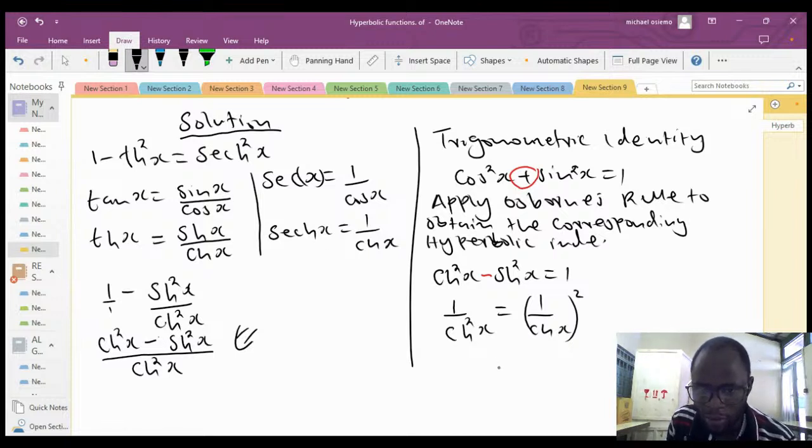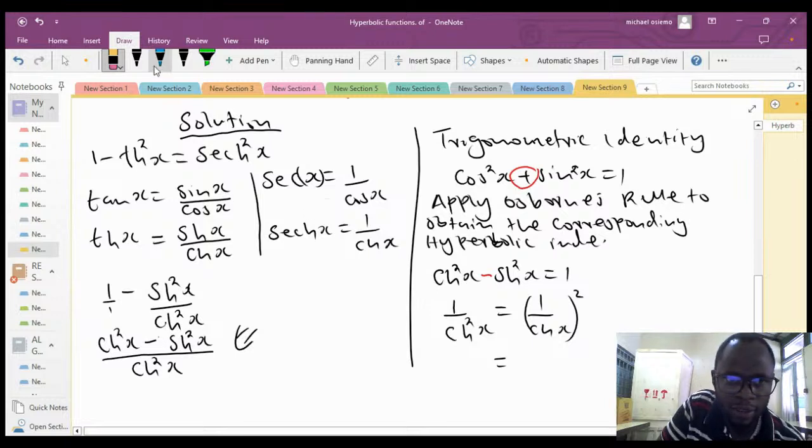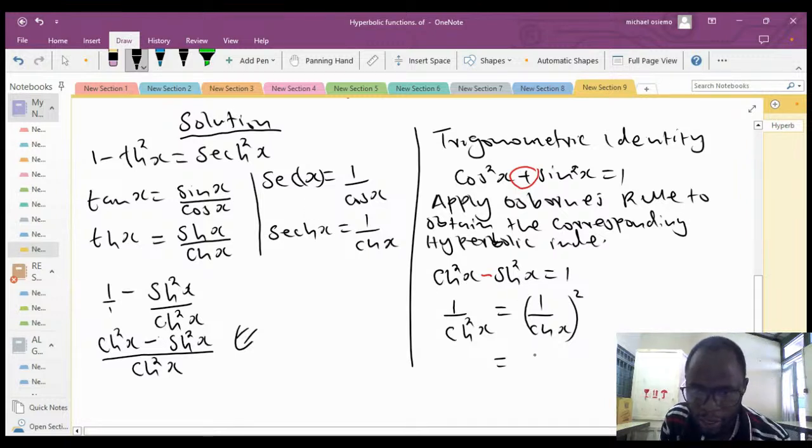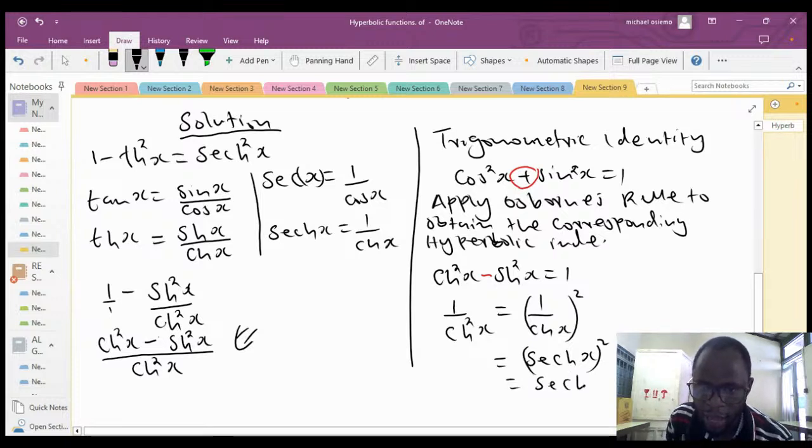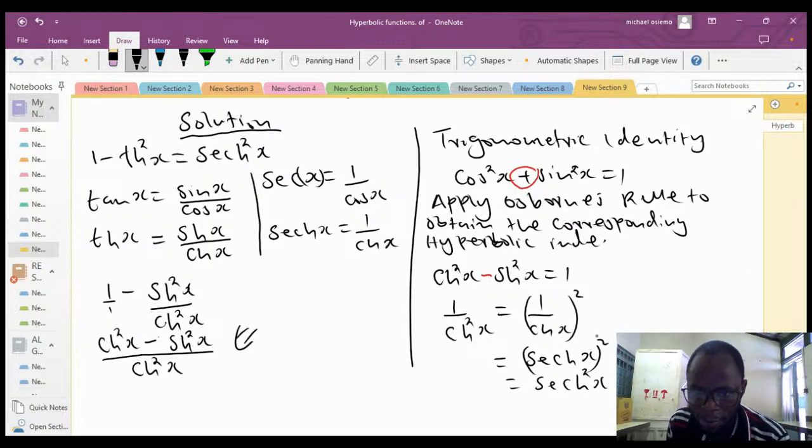And so this proves to us that you're going to have sec hyperbolic of x squared, which is equal to the sec hyperbolic squared of x. We don't open it as we usually open indices.